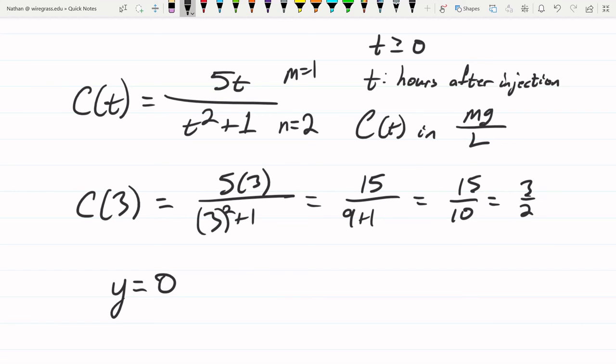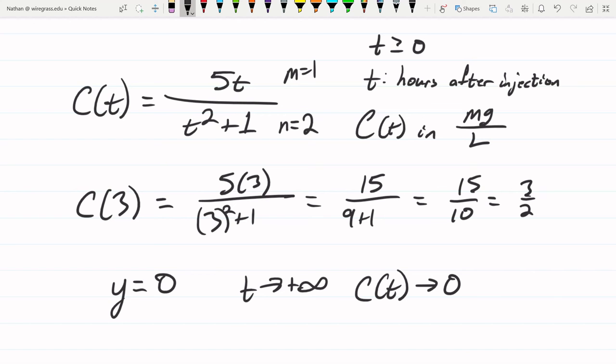And this is what you would want, because after a very, very long period of time, as t goes to positive infinity, you want the concentration of the drug to go to 0. And that's what this function does do. The function goes to 0 because that's the horizontal asymptote.